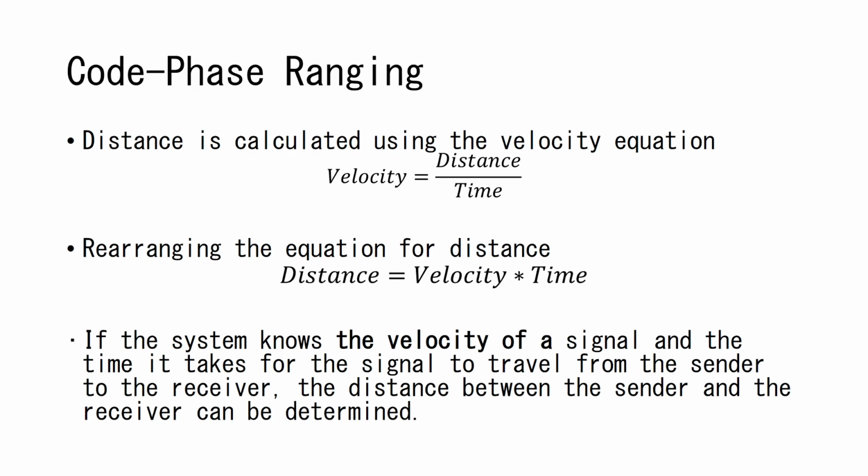And velocity is simply the speed of light, because all of our radio waves are going to follow that speed of light. And so since we know the velocity and we know the time offset, we can then calculate the distance between the sender being our satellite and the receiver being our actual GPS receiver.